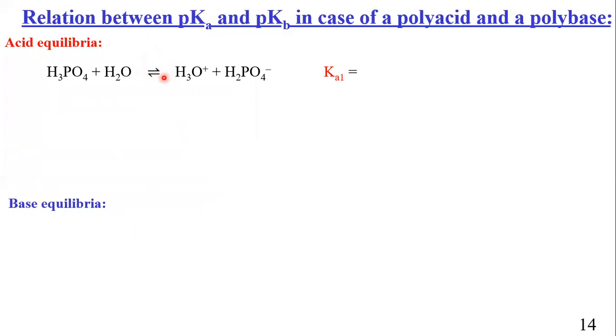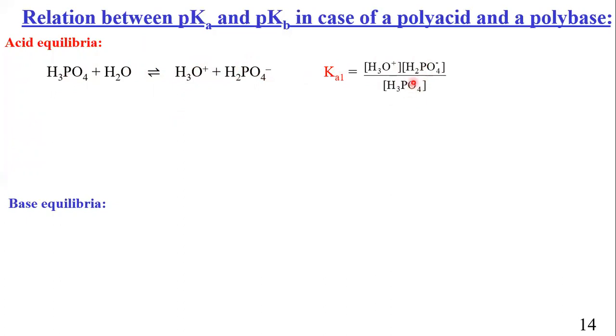This first acidity is governed by a Ka1, and of course, if I want to write an expression for Ka1, we do products divided by reactants. So that's going to be H2PO4 minus times H3O plus divided by H3PO4, concentrations at equilibrium. Don't forget, these concentrations are at equilibrium for each of the Ka expressions.